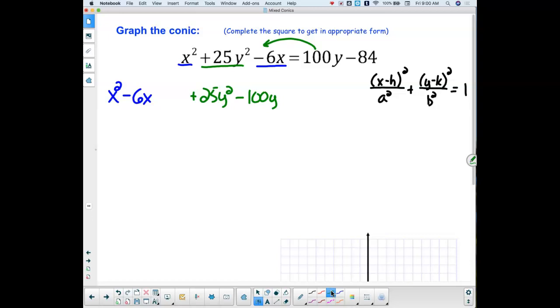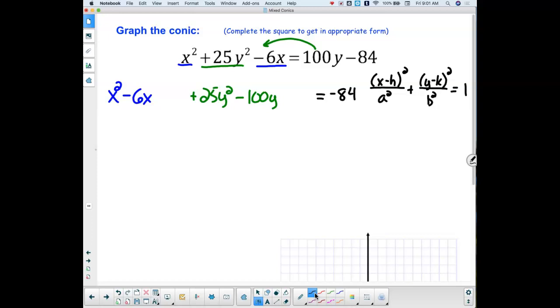With me? Okay. Then I'm going to leave a little gap, and I'm going to go equals negative 84, because I got to get this onto that other side. I can leave that negative 84 on the other side. It has to be equal to 1, but we also have to factor it out too, right?